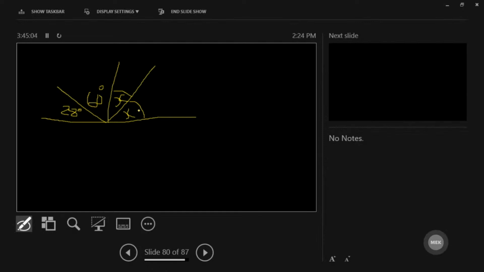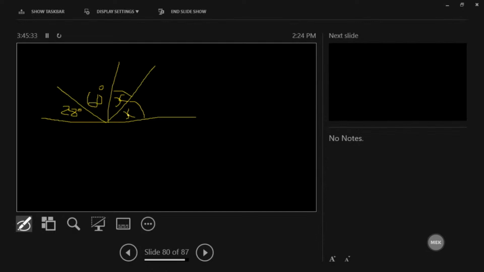So we have 4 angles and they are all sitting on a straight line. This is the straight line they're sitting on. And of course, we are pretending it's straight because I cannot draw straight lines on this thing. My mouse will not behave. So we are pretending it's straight, and there are 4 angles sitting on this straight line. Angles on a straight line add up to 180 degrees.